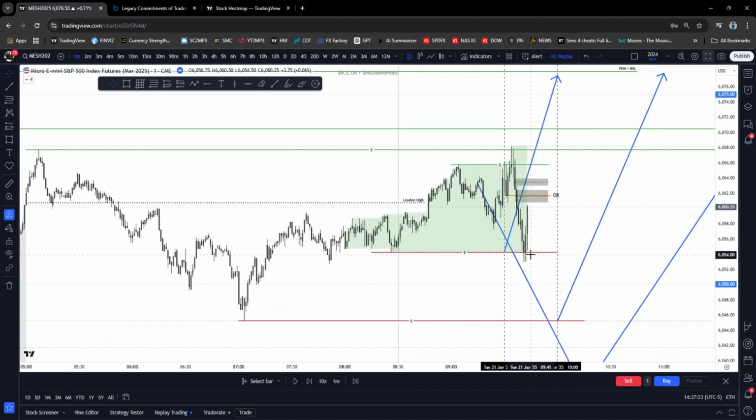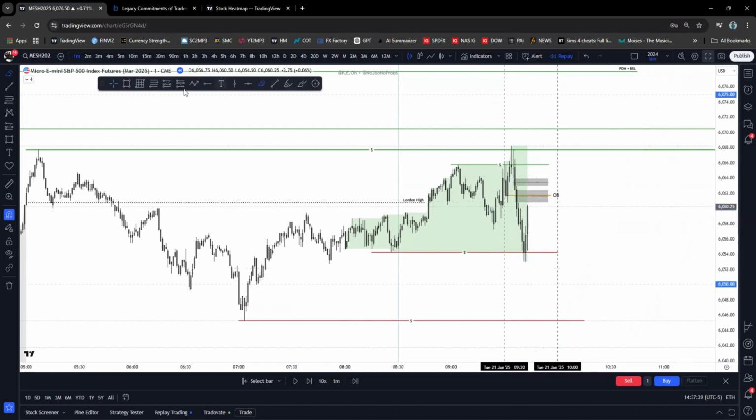But now that we've taken out this low, we're essentially just looking at price for what it is. Okay, so are we going to get this reaction right here for price to go bullish? Because again, we are looking for longs, so it doesn't make sense for me to look for shorts right here. So getting all this off the screen, essentially what I'm doing is now I'm looking for my confirmations.